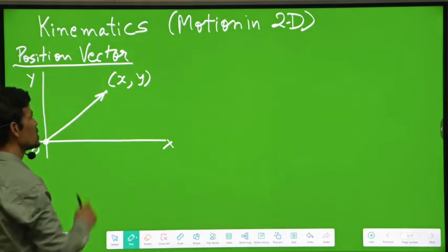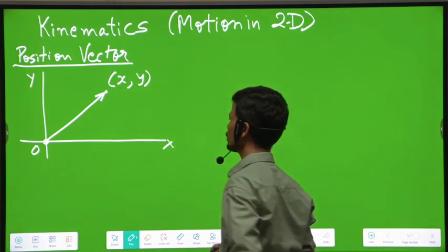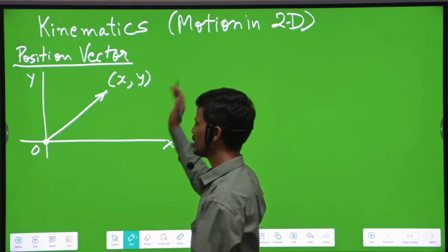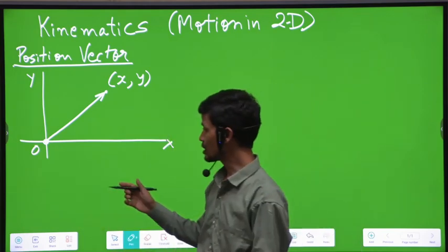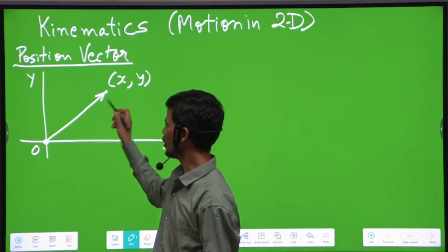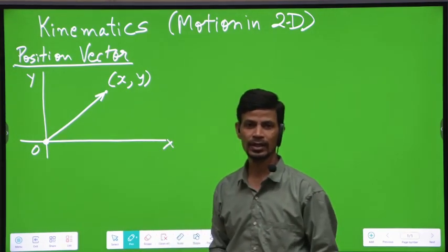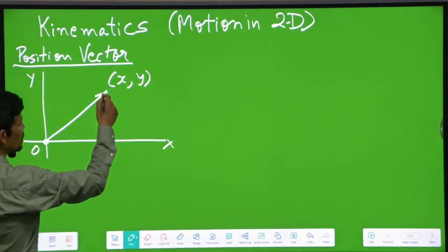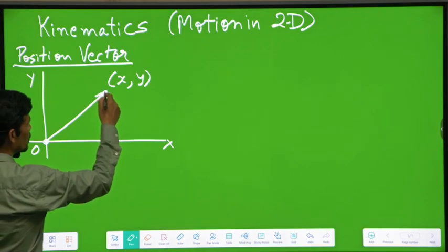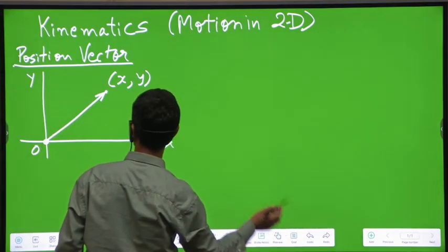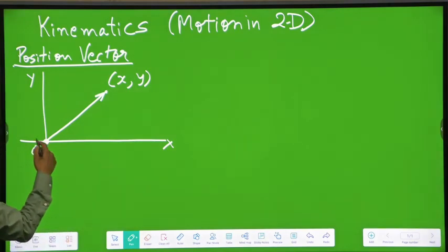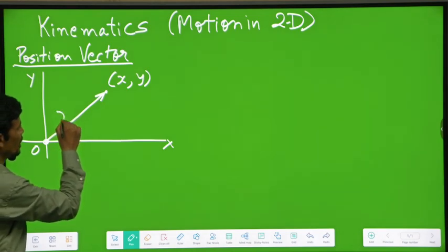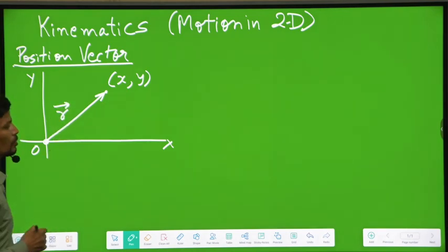And if we are observing this point, then this arrow will show not only the direction of that point, but its length will show the distance of that point with respect to this origin. And we will represent this length as well as this direction in terms of a vector which is called the position vector.